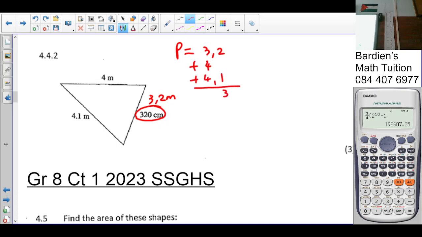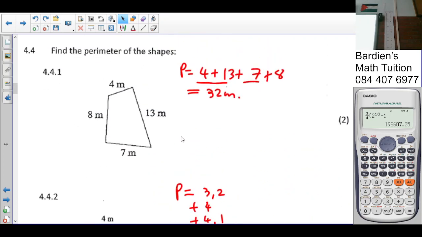That's going to give us 11,3 meters, or if you had worked with centimeters, it will be 1,130 centimeters. Either or, you would have gotten the full mark for it anyway. Okay? Question 4.4 is 4 plus 8 plus 13 plus 3 plus 7. Okay.